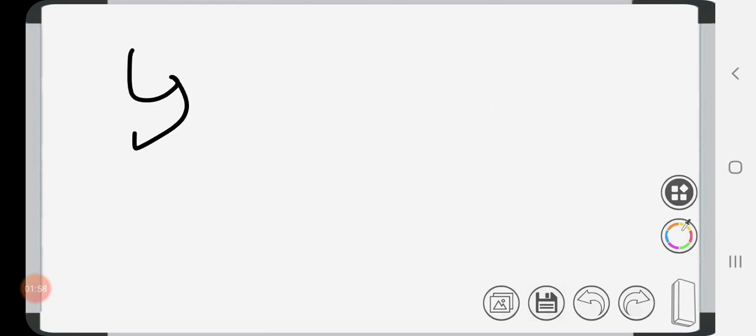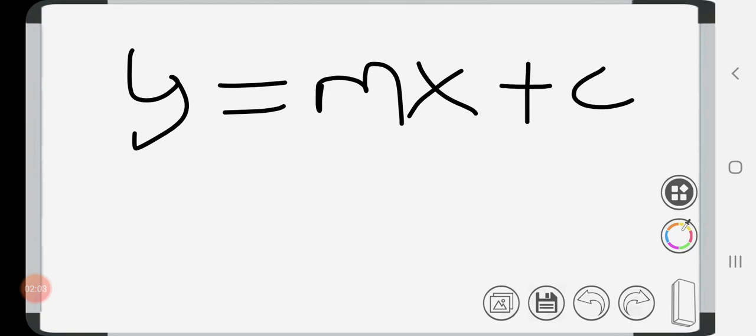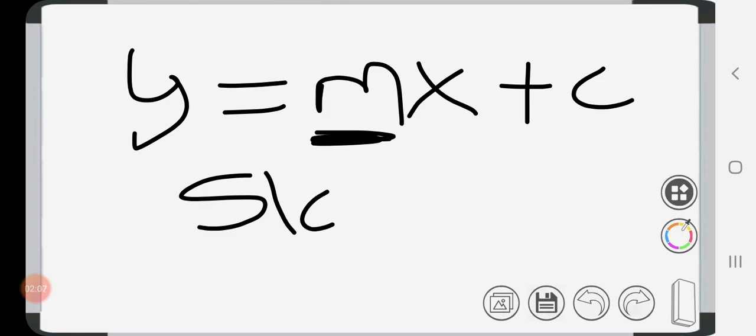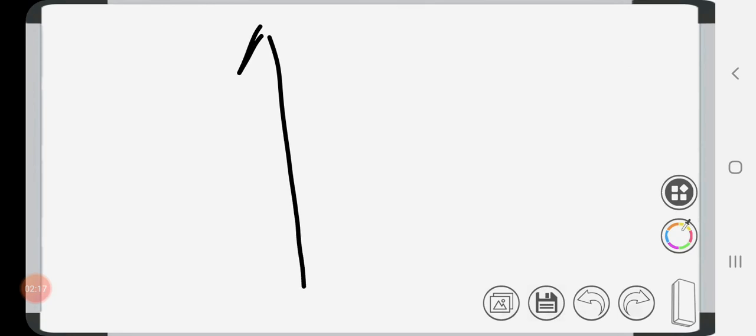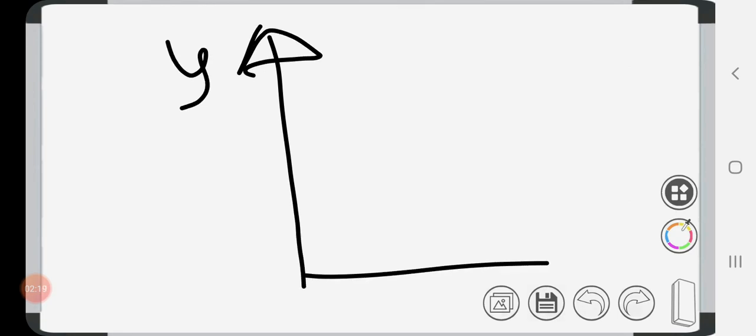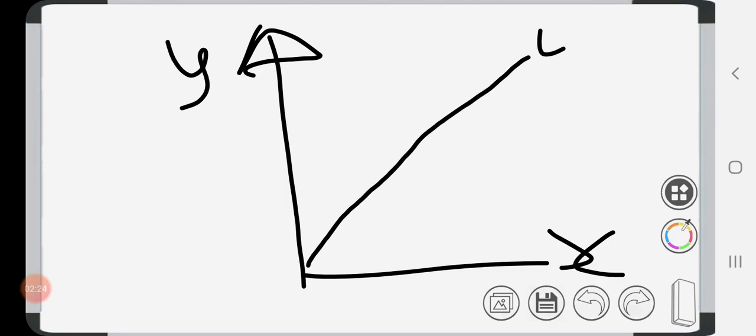Right? Now if we go back to it again, y is equals to mx plus c. M is the slope. It's the gradient. M is the number that determines how flat or how steep the graph is. So if we have y and x, this could be y is equals to mx plus c, right?